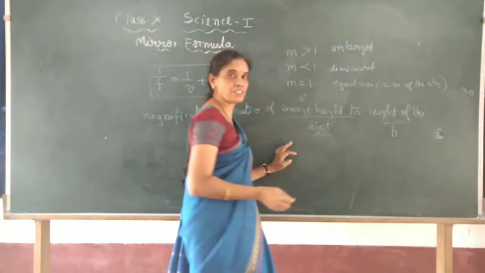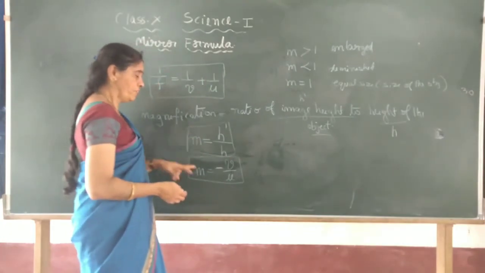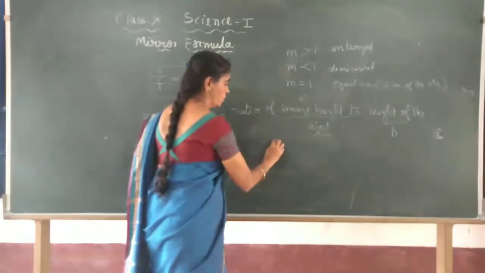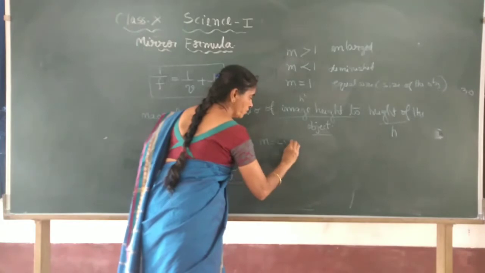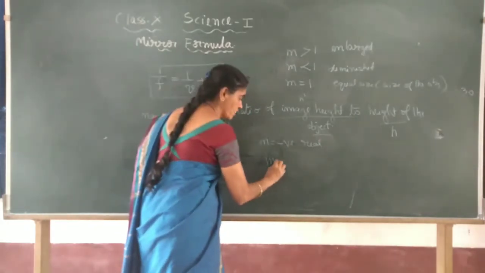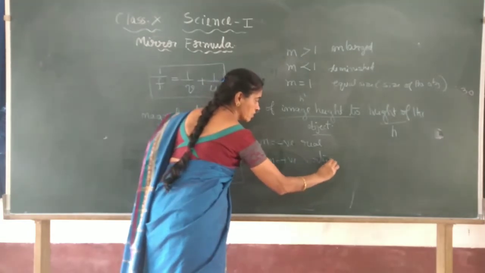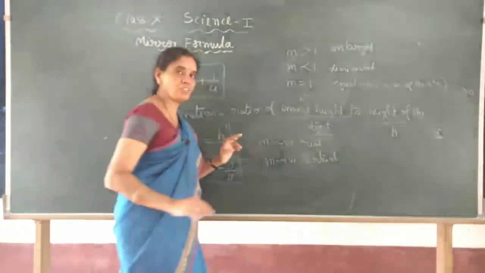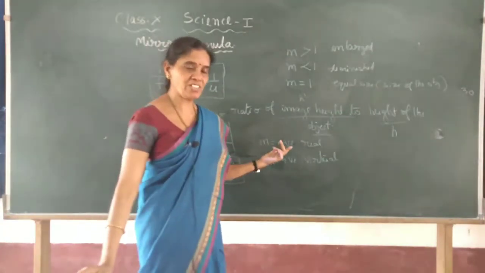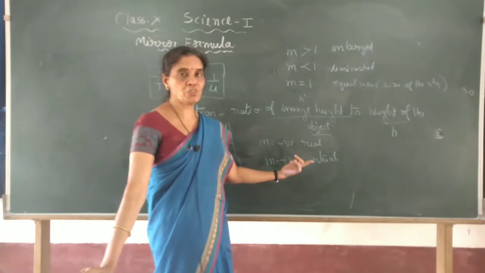And one more thing: if you get the m value negative, it is a real image, and if the m value is positive, it is a virtual image.